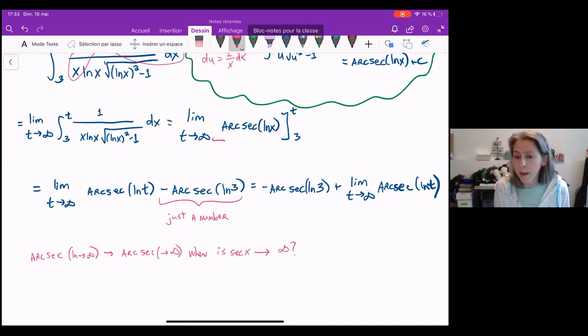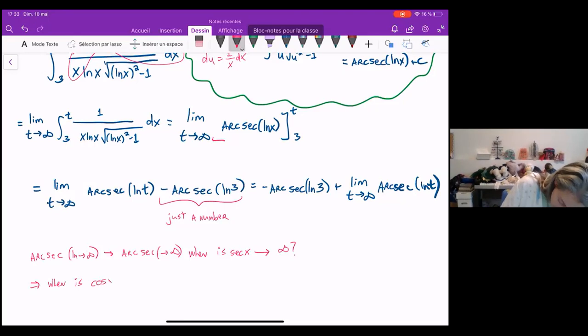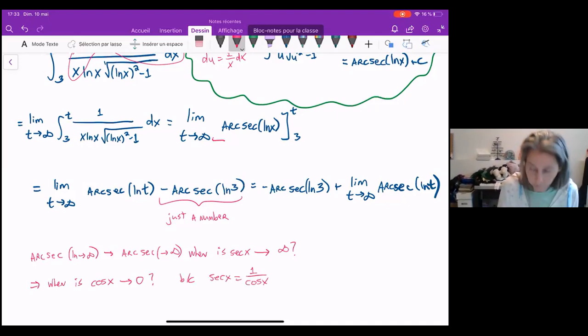And another better way to ask this question would be like saying, when is cosine x approaching 0? Because secant x is equal to 1 over cosine x. So we're going to look at our little graph here of cosine.